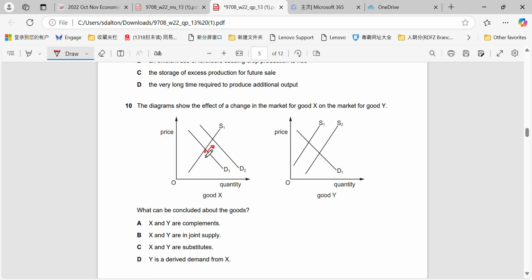Once we have that extension in supply, we can tell straight away that because good Y has had a shift in supply, it has to be jointly supplied with good X. Okay, and that will be B. That's because the extension in good X results in us being able to increase our supply of good Y.